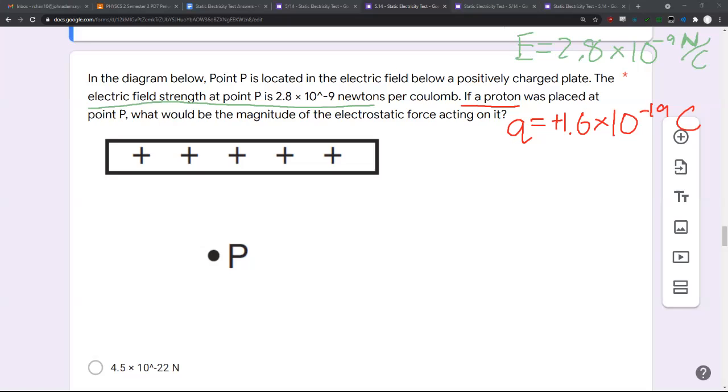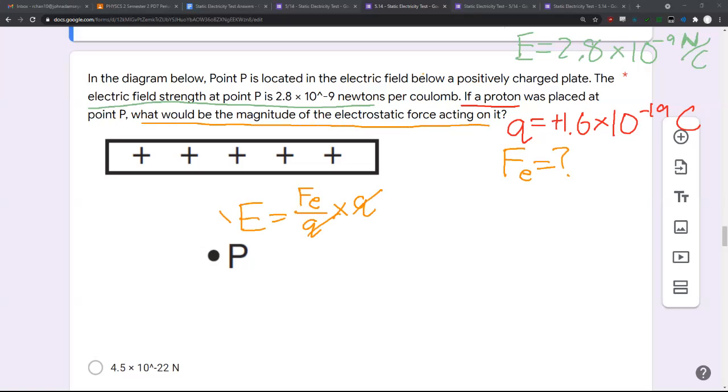You're asked to find the magnitude of the electrostatic force. The only formula involving electric field that you've learned thus far is this one. You're solving for Fe, so you multiply by Q on both sides. You get QE equal to Fe.